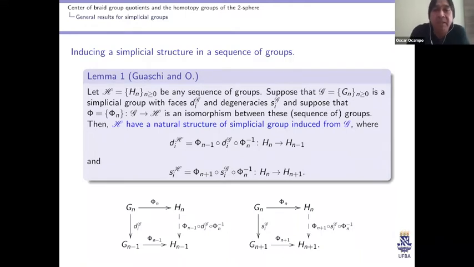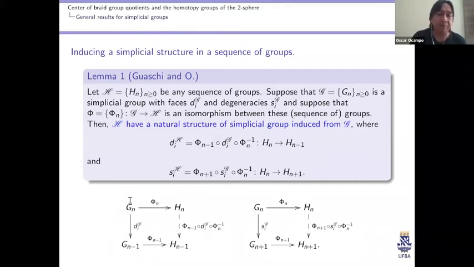So first of all, let me introduce a possible way to induce, given a sequence of groups without any structure, if we know that G is a simplicial group, it is very natural to induce a simplicial structure on the sequence of groups H. It's very natural, as the diagrams are illustrating here.